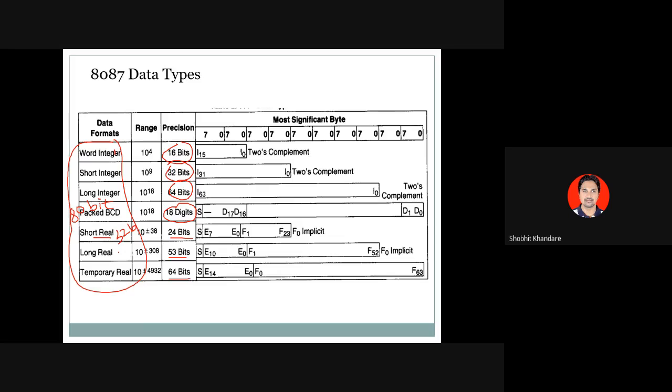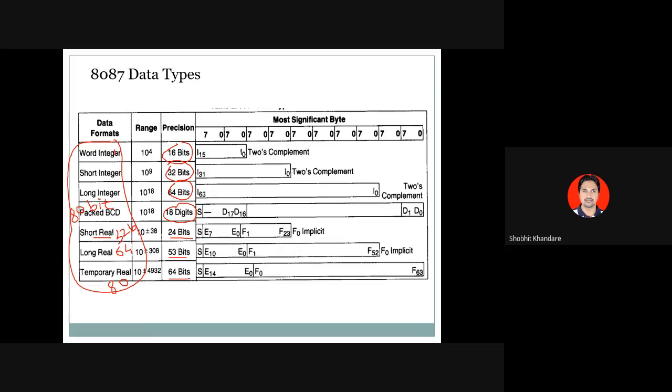Long real will have 64 bits. Actually here they have given the precision, लेकिन हम देखा जब देखते हैं कि साइज कितना शॉर्ट रियल में होल्ड कर सकता है, तो दैट इज 32 बिट्स. लॉन्ग रियल में 64 बिट्स, एंड टेम्पोरल रियल में है फिर से 80 बिट्स. Okay, that is 80 bits.